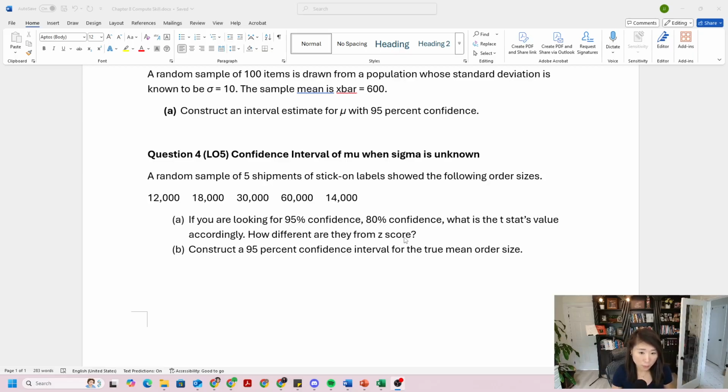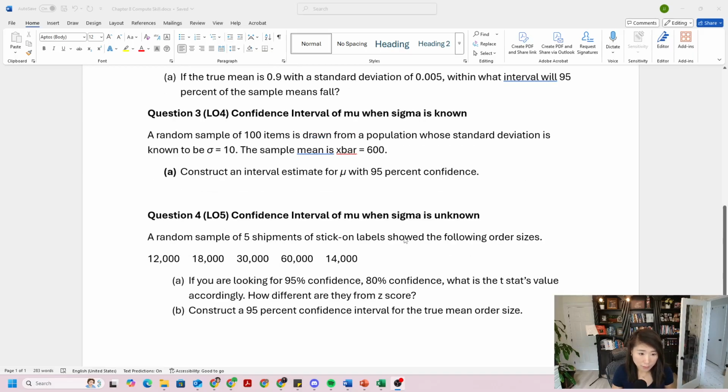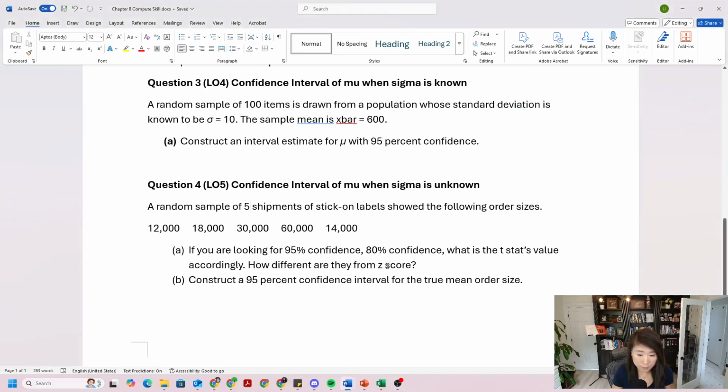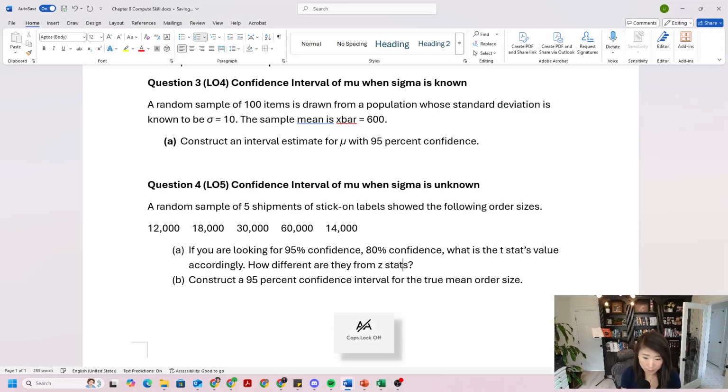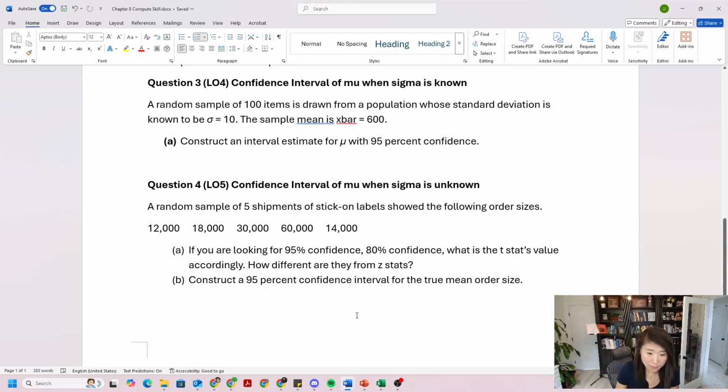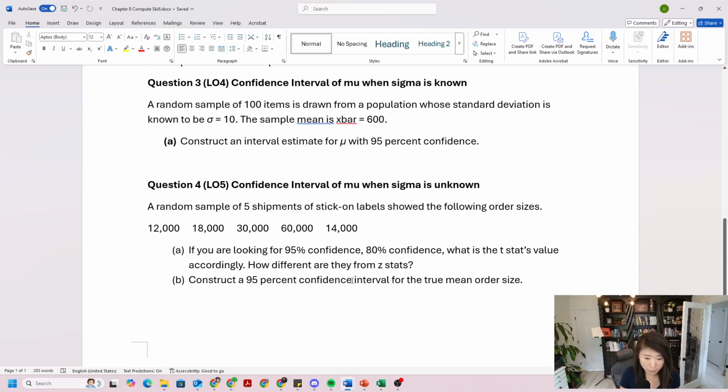In the previous question, question 3, I already showed you how to get the z-stats, so we just need to compare the t-stat and learn how different they are from the z-stats.